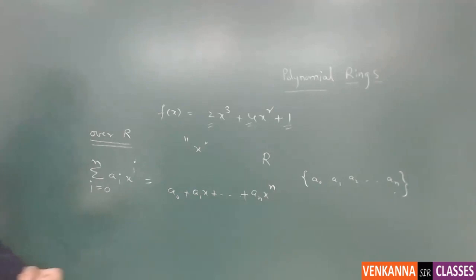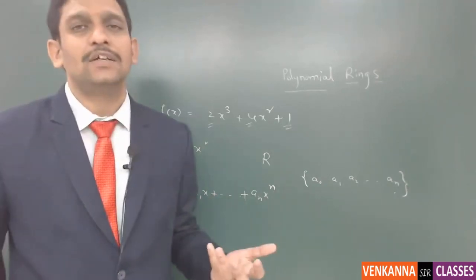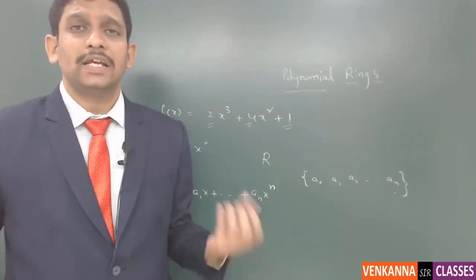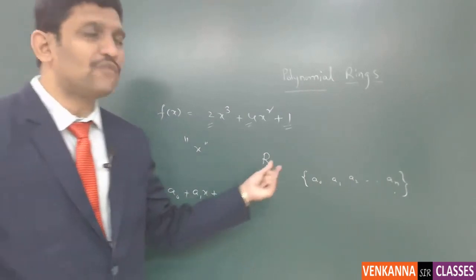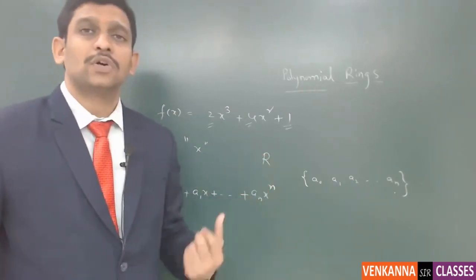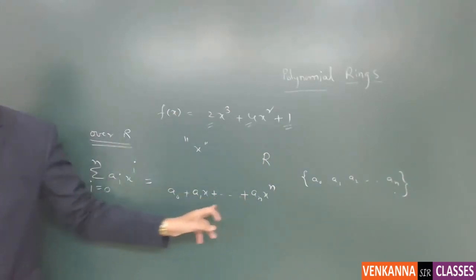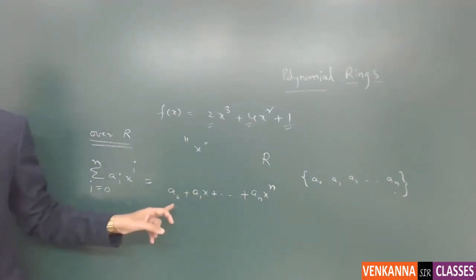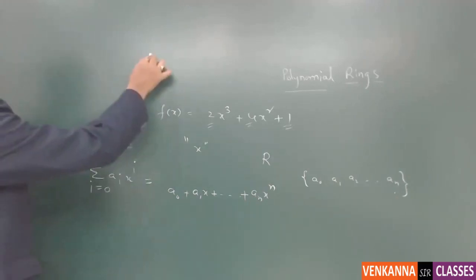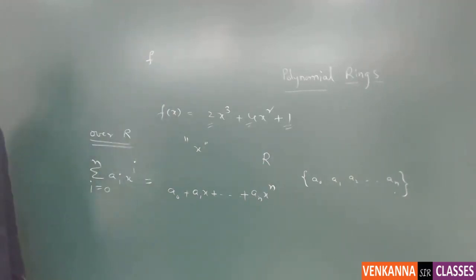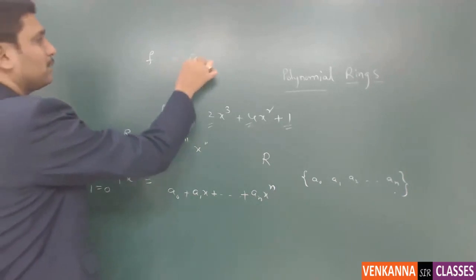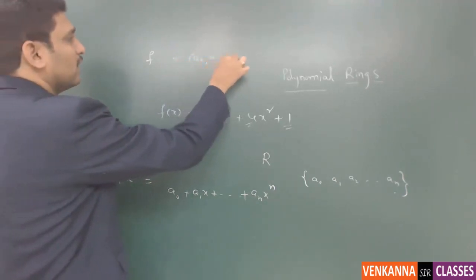So, apart from taking any different set, we are taking the coefficients especially from a ring. Instead of writing this entire polynomial, we simply mention that f is a polynomial given by a0, a1, so on, an.